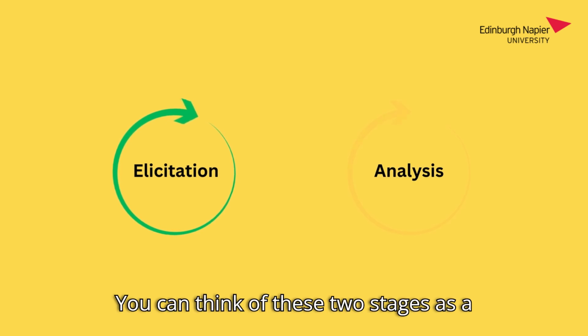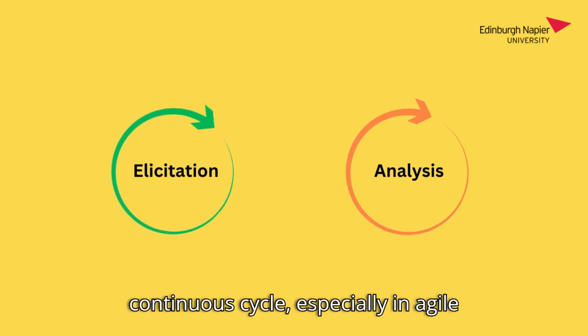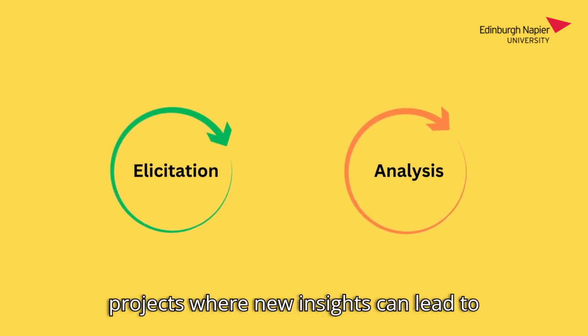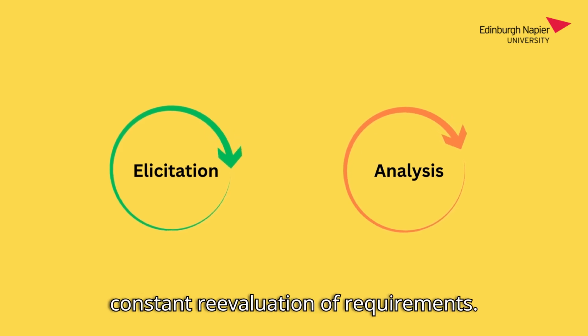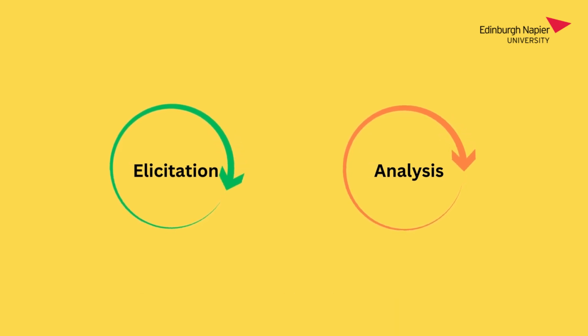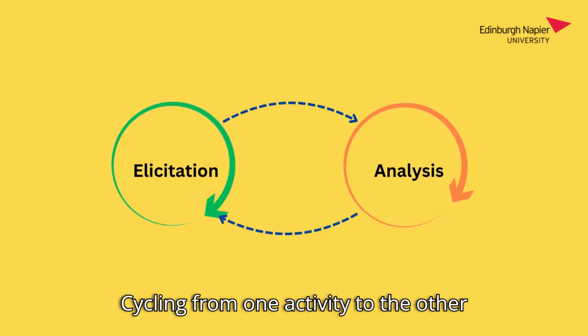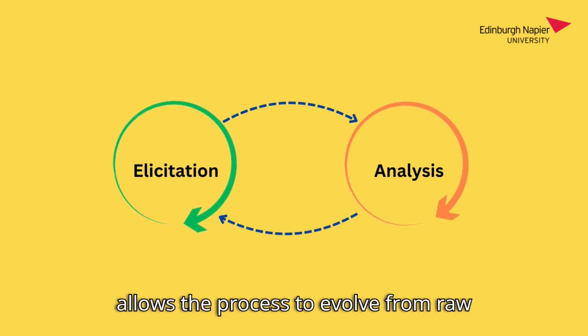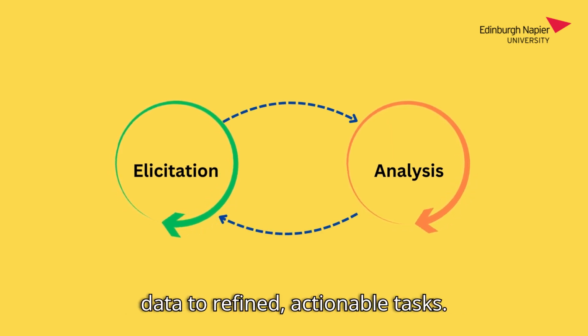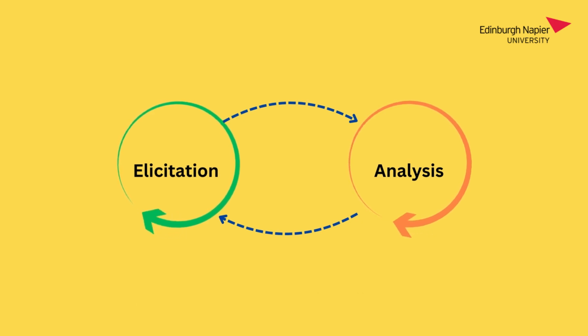You can think of these two stages as a continuous cycle, especially in Agile projects, where new insights can lead to constant re-evaluation of requirements. Cycling from one activity to the other allows the process to evolve from raw data to refined, actionable tasks.